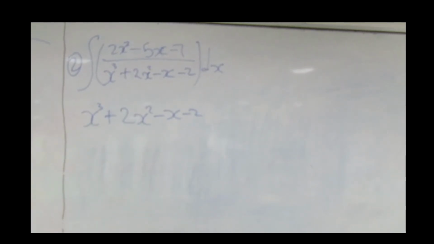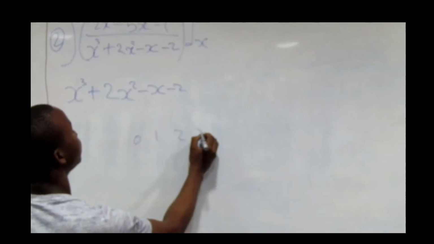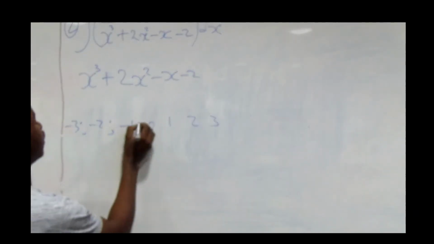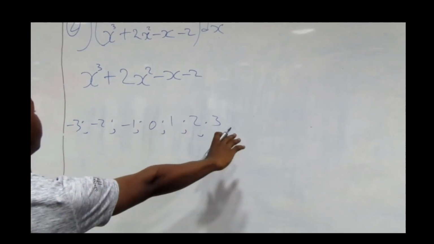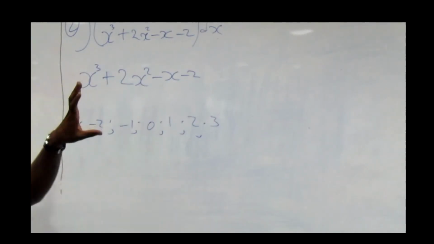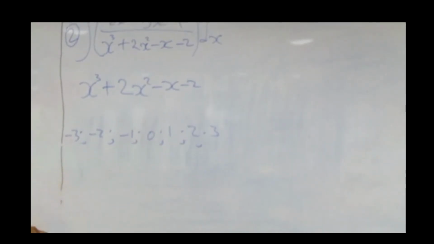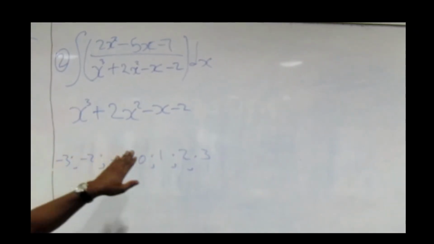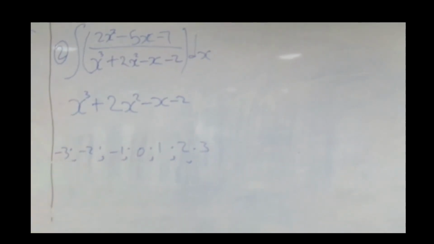Usually the factor theorem values are 0, 1, 2, 3, negative 1, negative 2, negative 3. If I start by substituting 0 here: we find the factor in such a way that when you substitute it in this given equation, it has to give us 0.